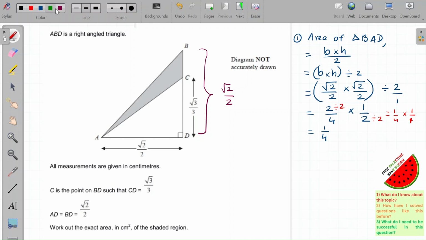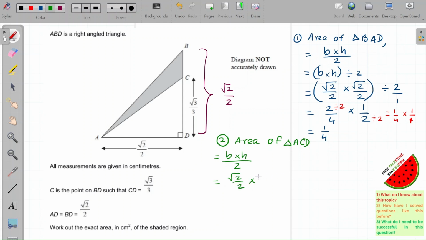Okay, second step. Area of triangle CAD or ACD. Again, it's base times height divided by 2. The base again will be root 2 over 2.